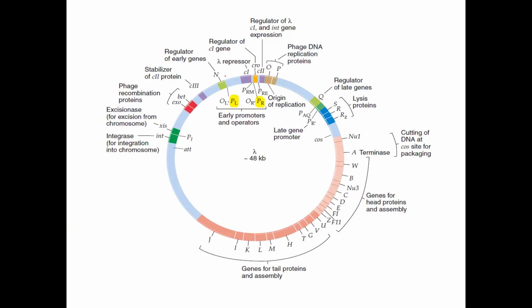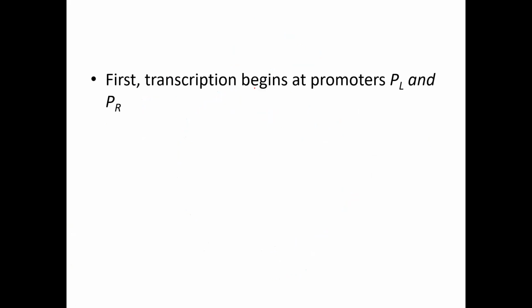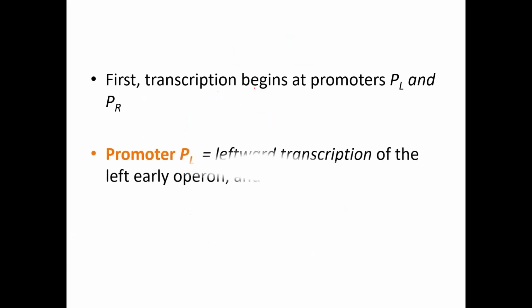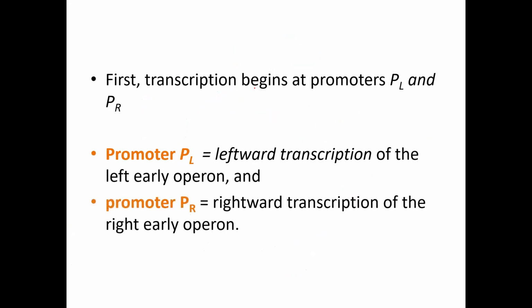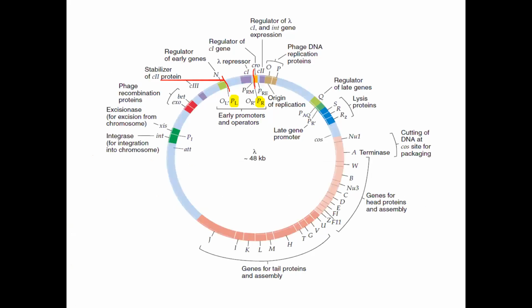PL stands for promoter left and PR stands for promoter right. Transcription begins at promoters PL and PR by the host RNA polymerase enzyme. PL is for the leftward transcription of the left early operon, and PR is for the rightward transcription of the right early operon.